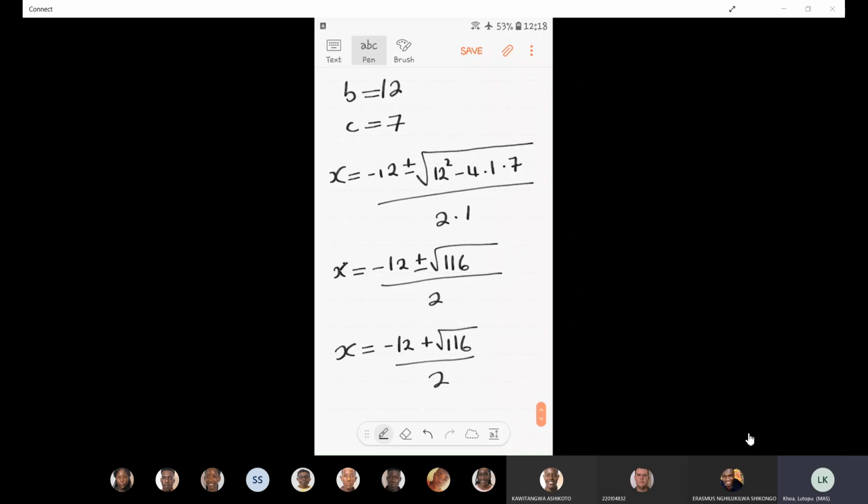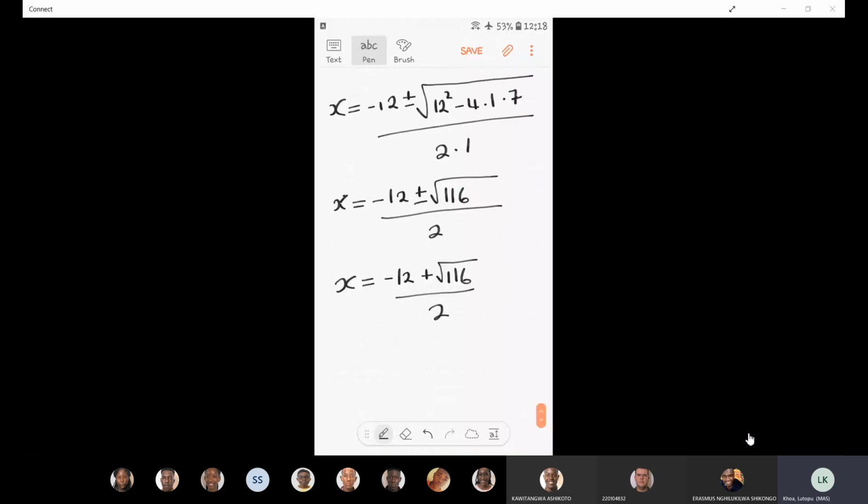So again, this you just do on your calculator. If you leave it to 3 decimal places, you get negative 0.615. This is to 3 decimal places.